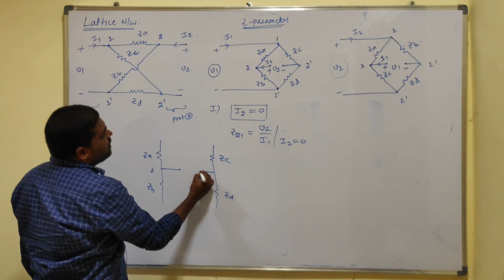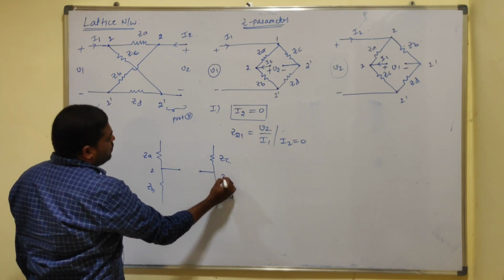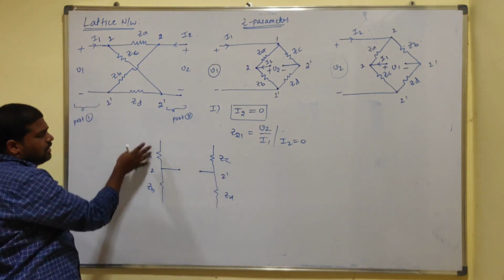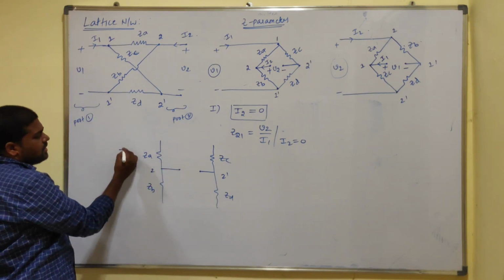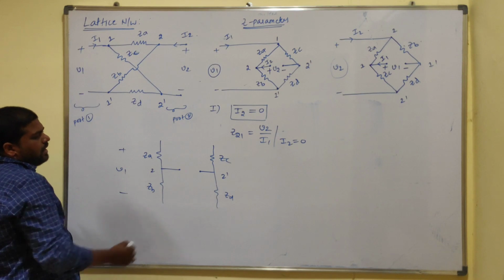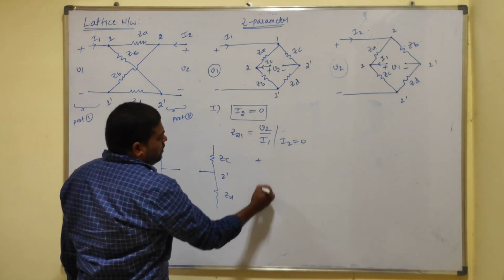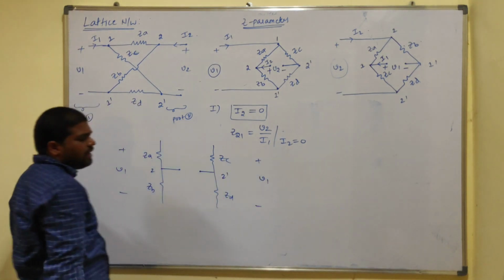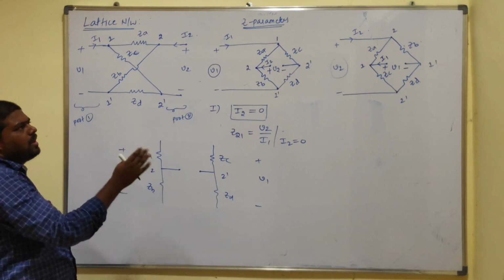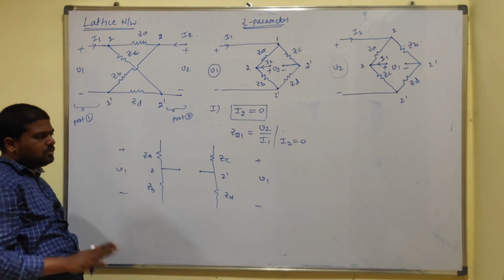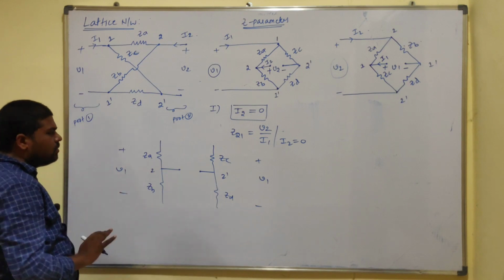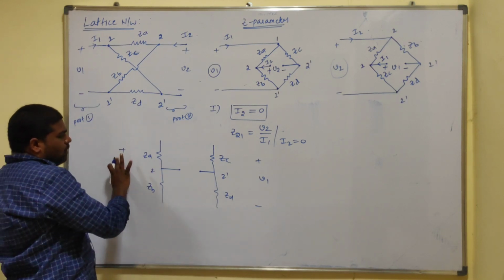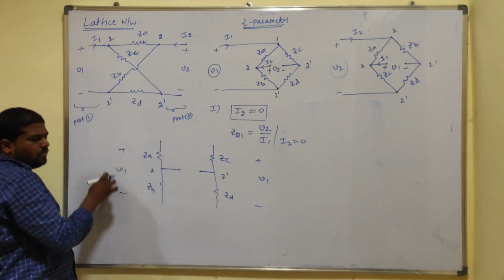Here I have terminal 2 dash, right? 2 and 2 dash, these are the two branches. For this branch, voltage drop equals plus or minus V1, and here also voltage drop equals plus or minus V1, right? That means the same voltage drop is applicable for both the branches, so I can divide these two branches like this, right? Now this voltage drop is applicable for this entire network.